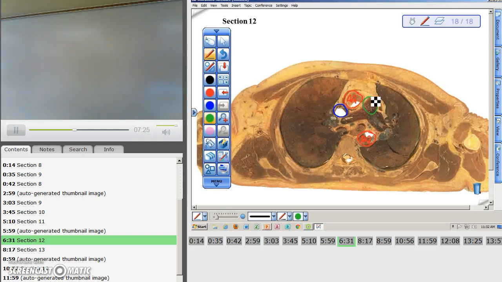Right here is the pulmonary trunk. The pulmonary trunk has two branches, one going here, one going there. These are the pulmonary arteries. Now this one is the right pulmonary artery, and then this one would be the left pulmonary artery.